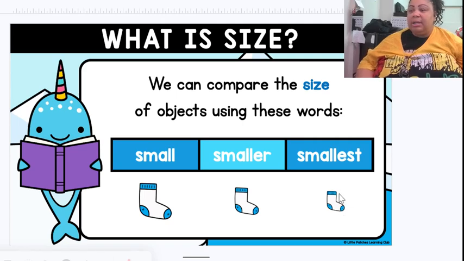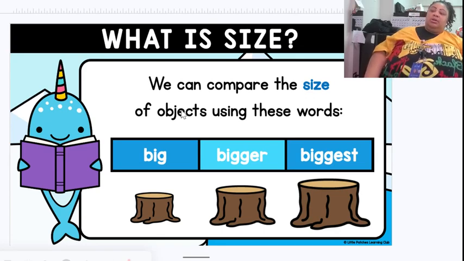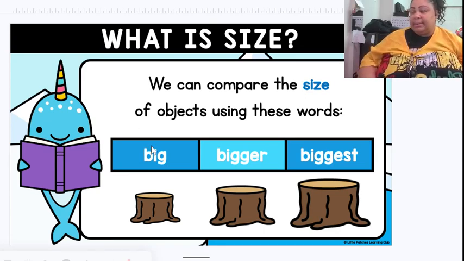This is the smallest of the bunch. We can compare the size of objects using these words: big, bigger, biggest. Biggest of 3 or more, we use biggest because it's the biggest of them all.